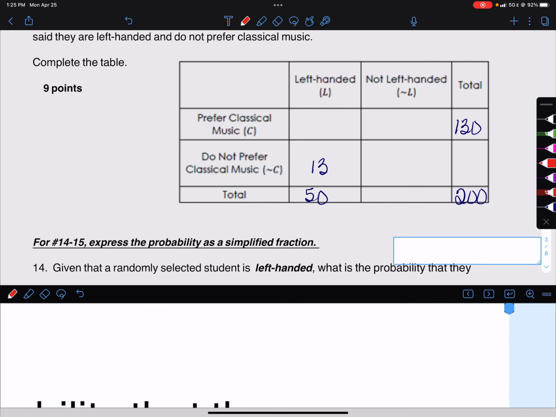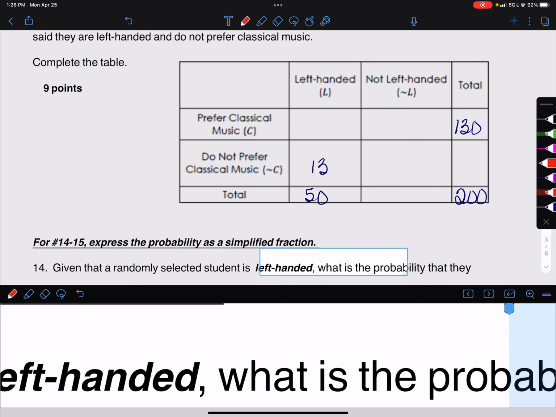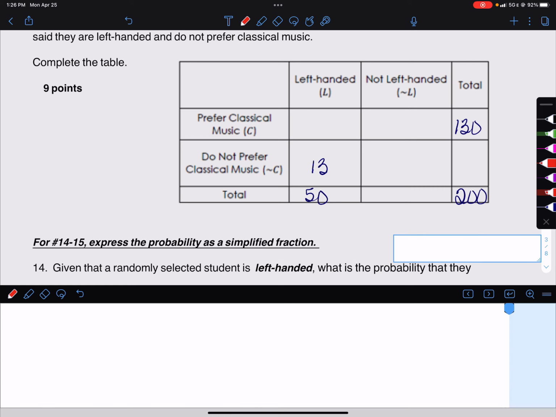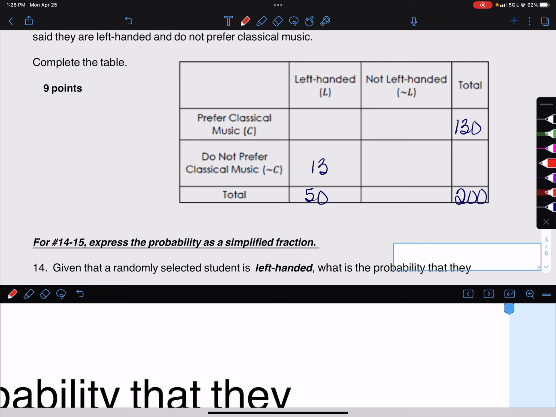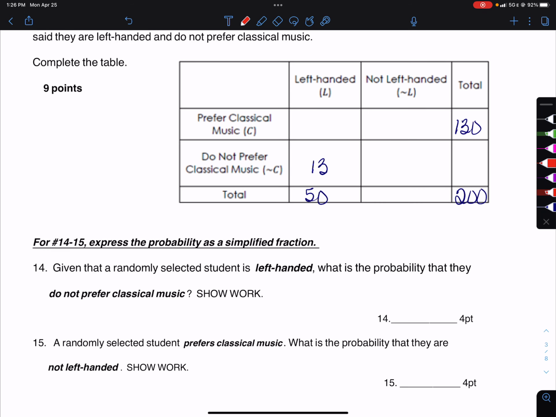So if I've got here for the totals, I'm going to go ahead and go with the totals first. Let me get rid of this piece, sorry. Okay, so here I've got 70 students.